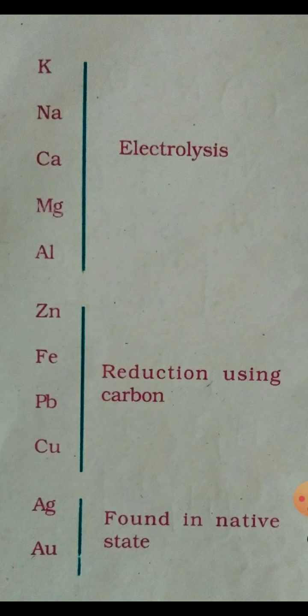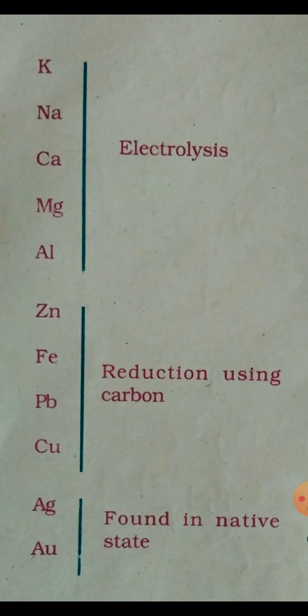Metals of medium reactivity are zinc, iron, lead, copper. And metals of high reactivity are potassium, sodium, calcium, magnesium and aluminium. It is based on the reactivity only. So if you remember the reactivity series, you can easily remember this also.